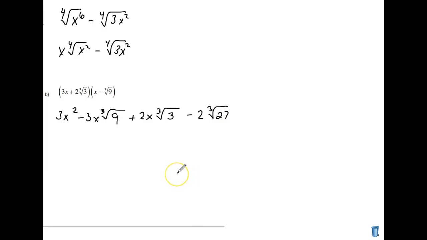Okay? I can combine my terms that are like, so this gives me a 3x squared. I can't actually combine these because remember, one is a cube root of 9, one is a cube root of 3. So I cannot combine them. They are not like radicals. But the cube root of 27 is 3, so 2 times 3 is 6, so this is a minus 6 when all is said and done.